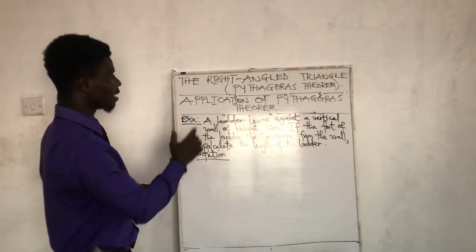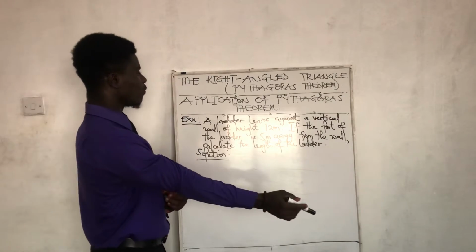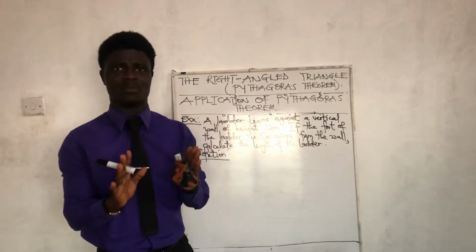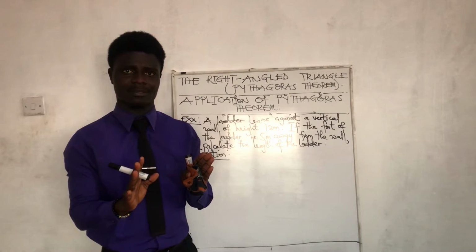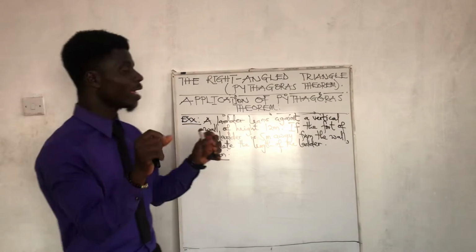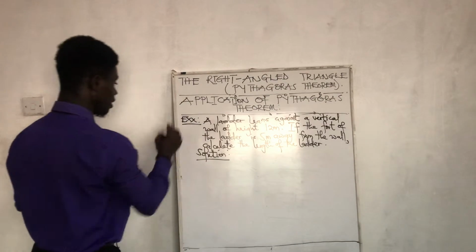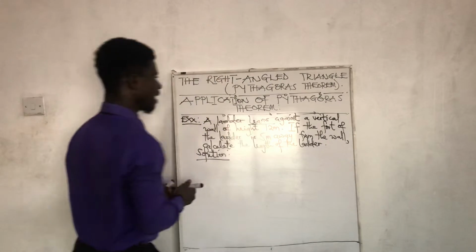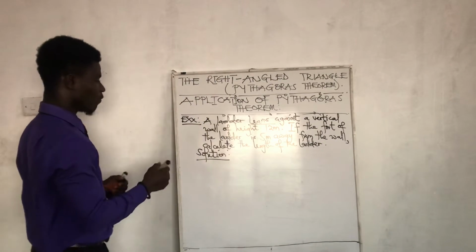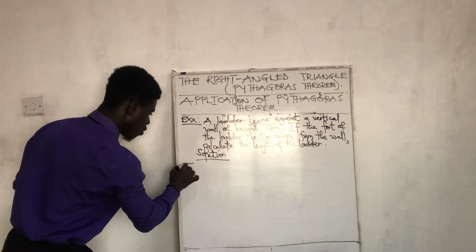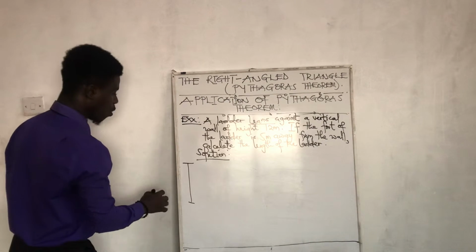A ladder leans against a vertical wall of height 12 meters. I believe you all have seen a ladder before. So a ladder leans against a vertical wall of height. So let's see the wall. This is my wall.